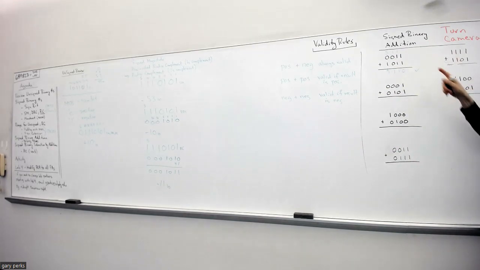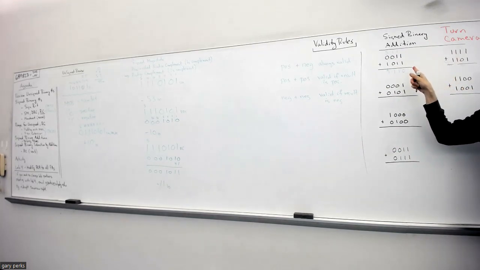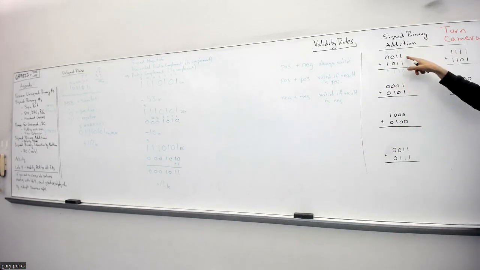Now, just to double check that this is a valid addition, we can take these two's complement numbers and convert them to base 10. What is 0011 in base 10?